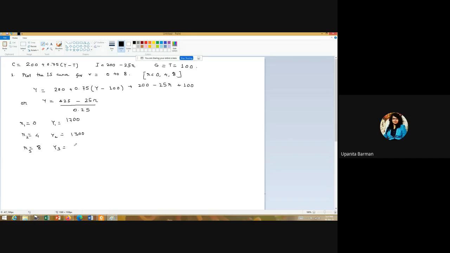So 900. Okay. So as R is increasing, Y is falling. We get a negative relation. So hopefully this is linear.